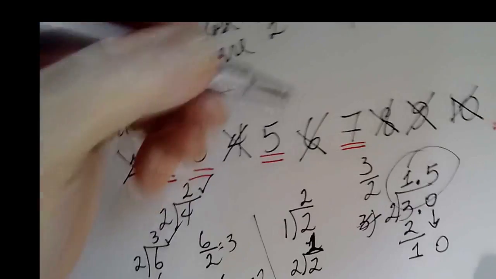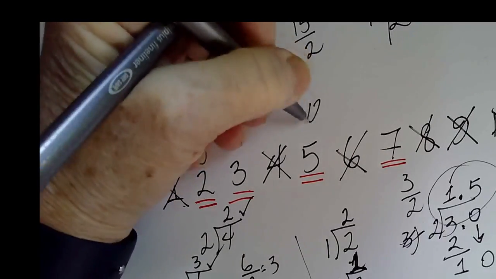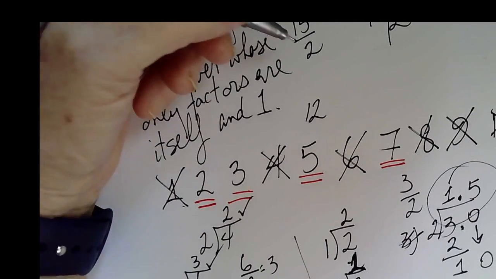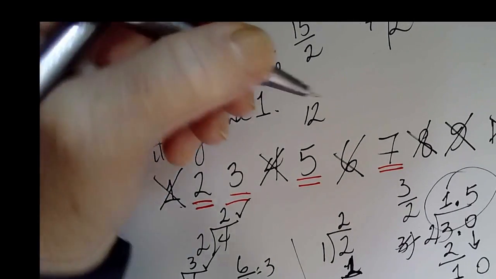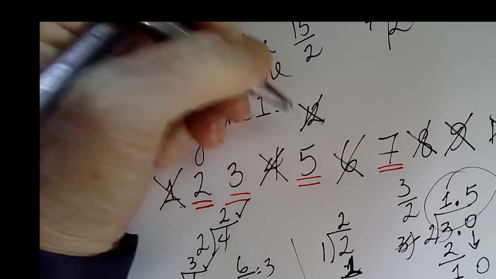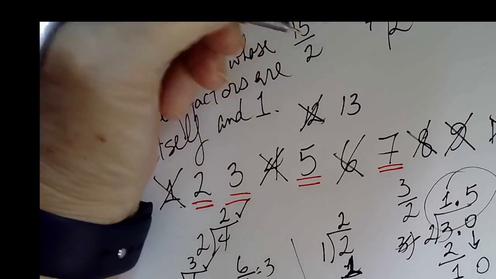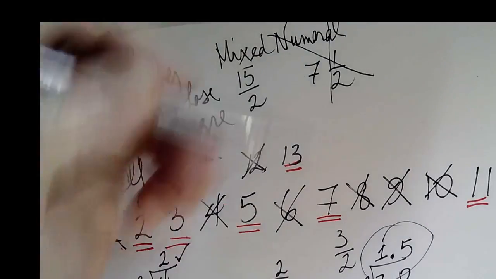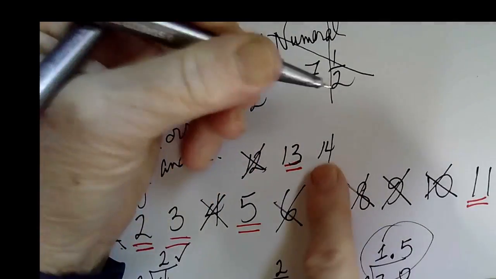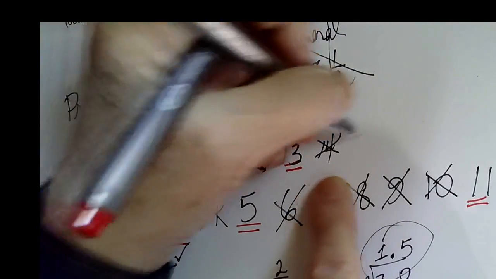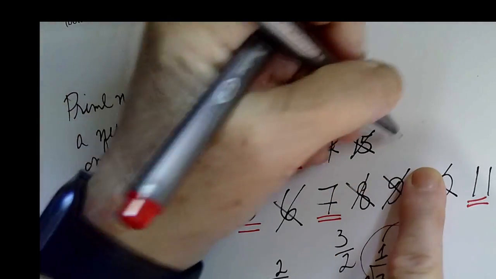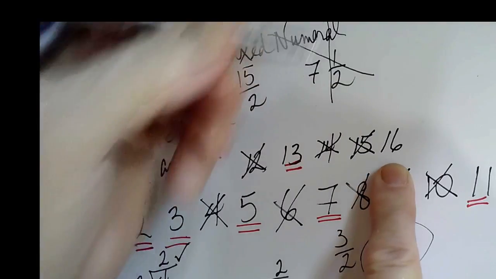Let's see. What about 12? Exactly, 3 times 4, 6 times 2. 13? Good. 13 is prime. 14, 7 times 2. 15, 3 times 5. 16, loads of ways.